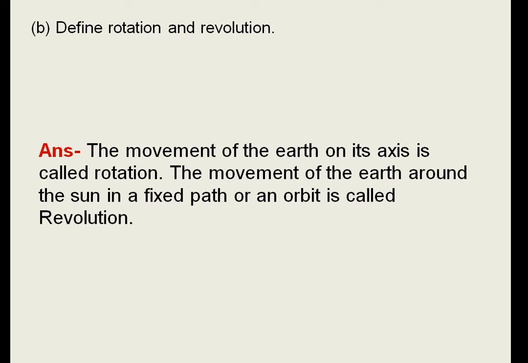Just now I explained these points, how you have to write the definitions of rotation and revolution. If differentiation is asked, you have to make a separate line and write both definitions in different form, rotation on one side and revolution on the other side. Moving to see another question. Is it clear to you what rotation and revolution are?